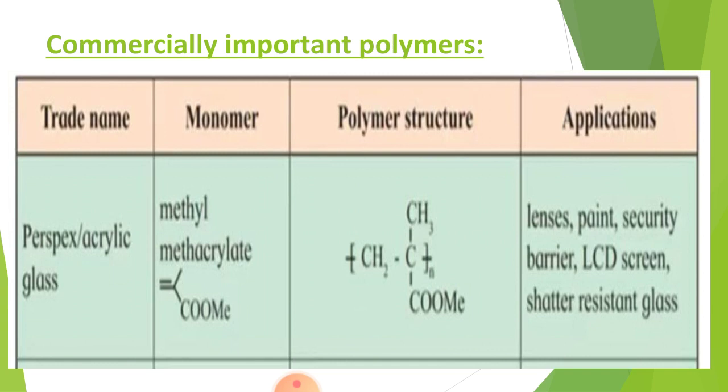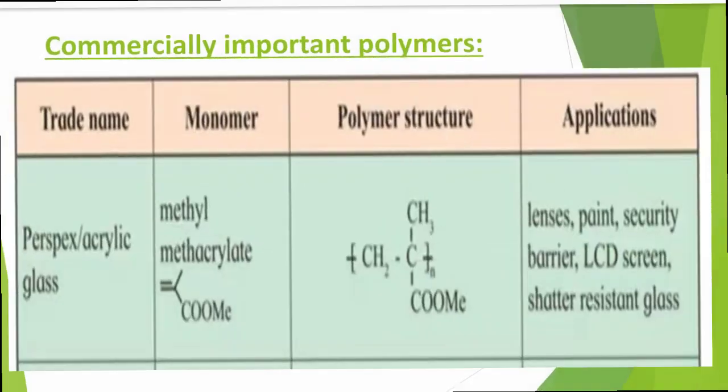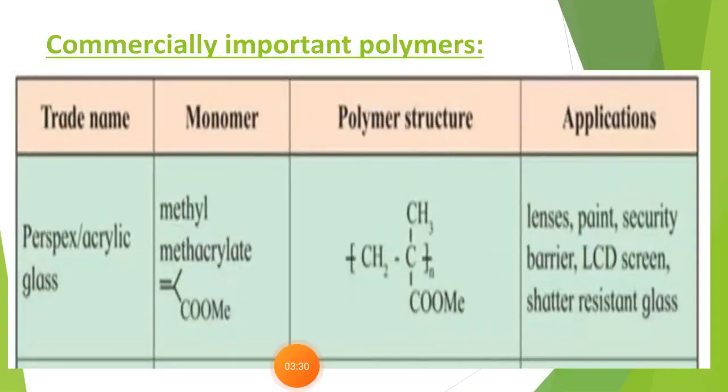And that is the structure of the polymer. See in the box, in the polymer structure it has been given CH3, CH2, C, where that CH2 and C have opened their branches. This is repeated n number of times, with COOMe.